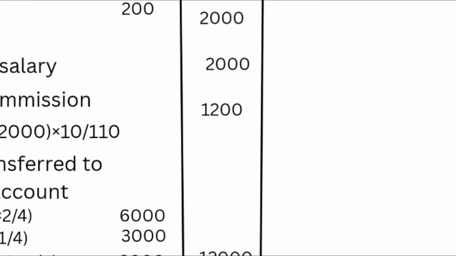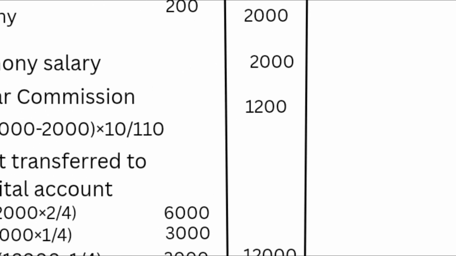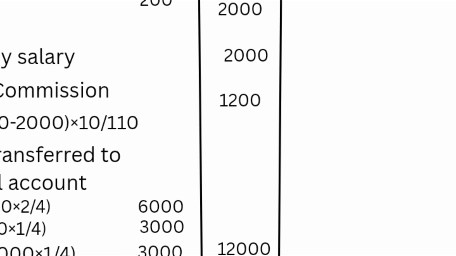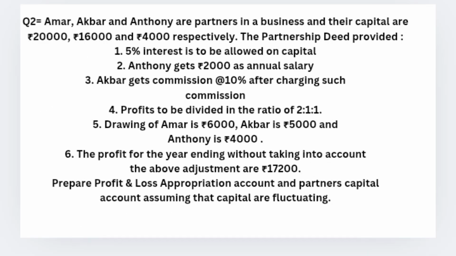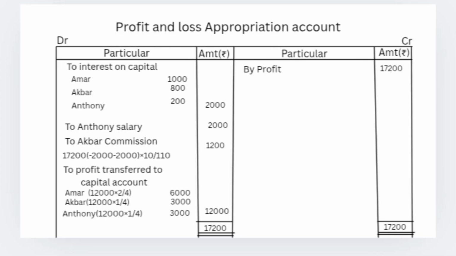Let's move to the partner's capital account. The first item in the partner's capital account will be the balance brought down, which is 20,000, 16,000, and 4,000. We'll write it on the credit side.